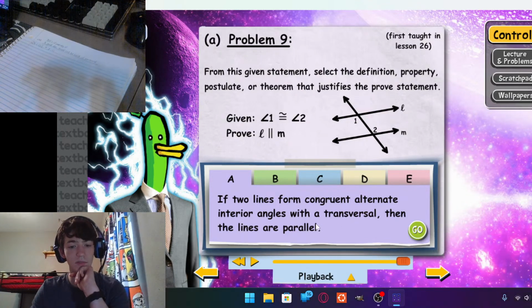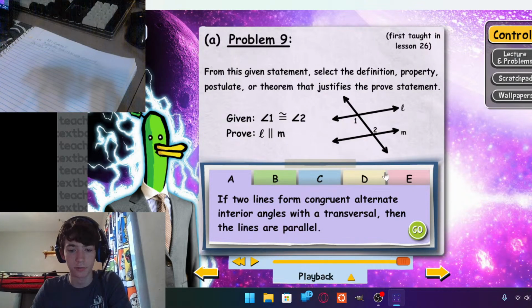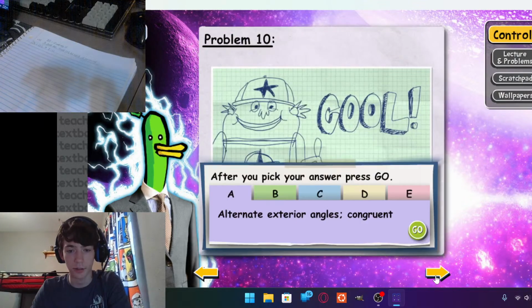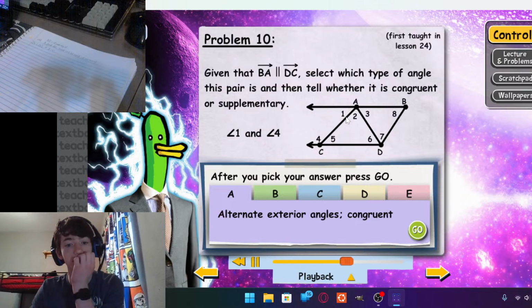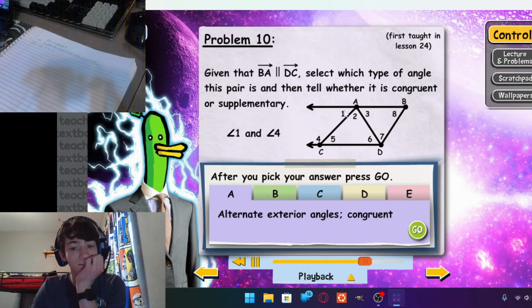All right. So these are congruent, alternate interior angles. This is a transversal. That would make sense. You got it. All right. Okay. Given that ray BA is parallel to ray DC, you need to select which type of angle this pair is and then tell whether it's congruent or supplementary.